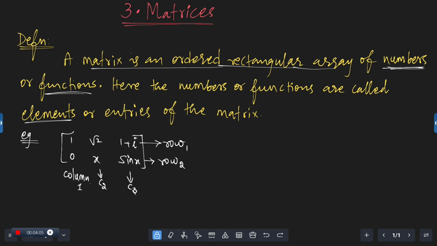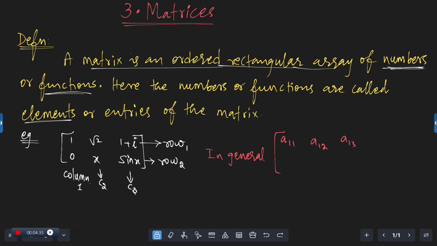Okay, so how will they write it in general? A11. You have to write A11 meaning first one is row, second one is column. Always the first one we mention is row, second one is column. So root 2 I'm mentioning as A12 and 1 plus i as A13.